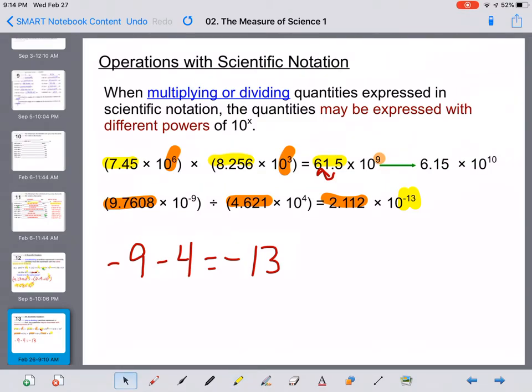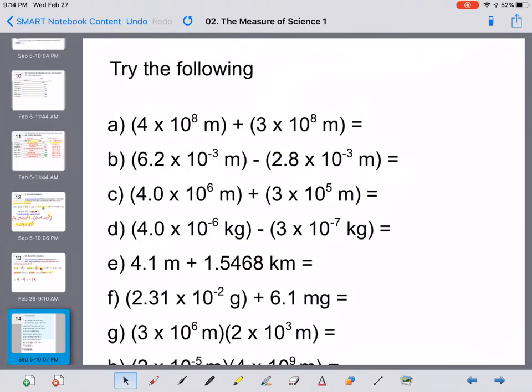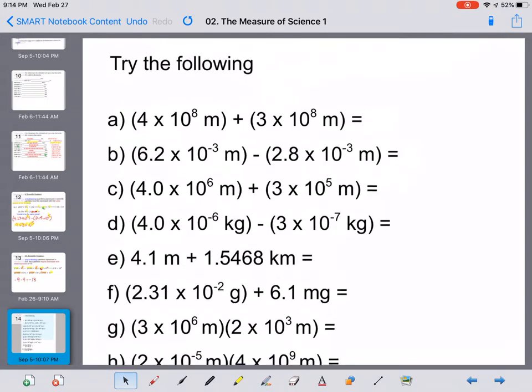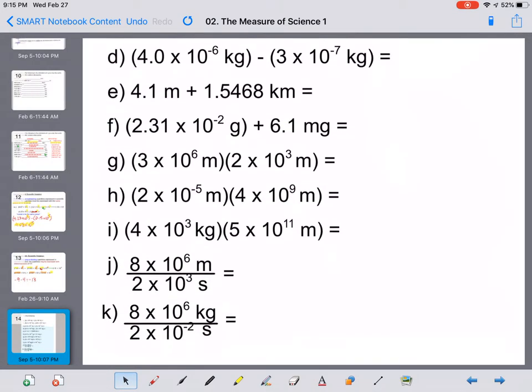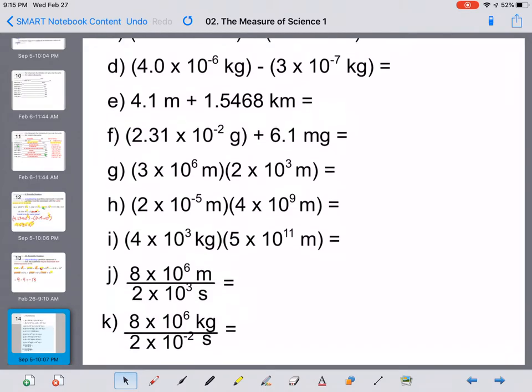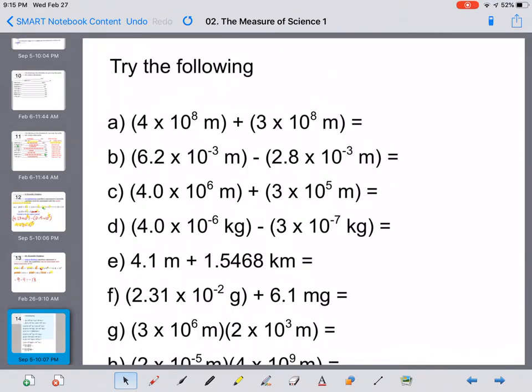So the next part, if you're looking for a little bit of extra practice with this stuff, we can try the following out. And again, pause whenever you can to be able to take a look at it, and we can get ready to go when you're ready.